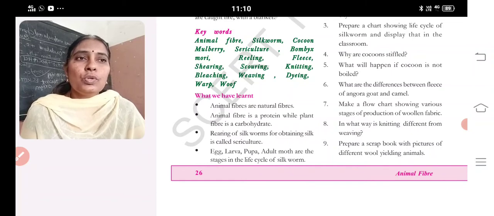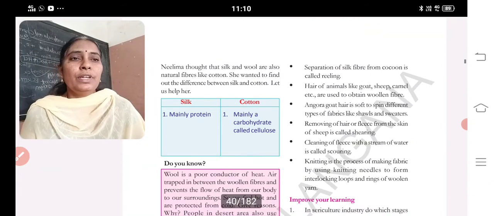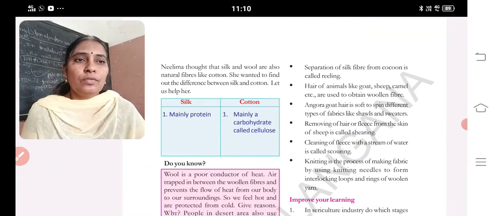Prepare a chart showing the life cycle of a silkworm and display that in the classroom. Separation of silk fiber from cocoon is called reeling. Hair of animals like goat, sheep, camel, etc. are used to obtain woolen fiber.